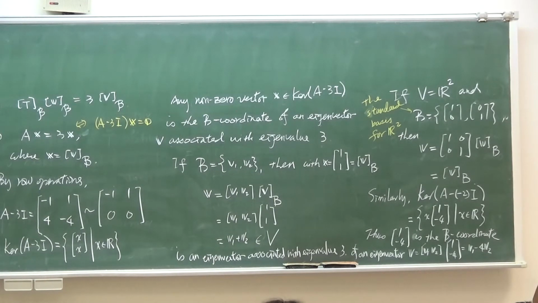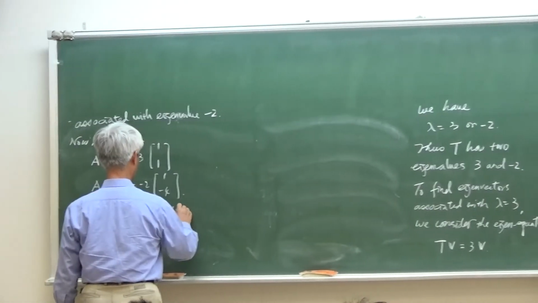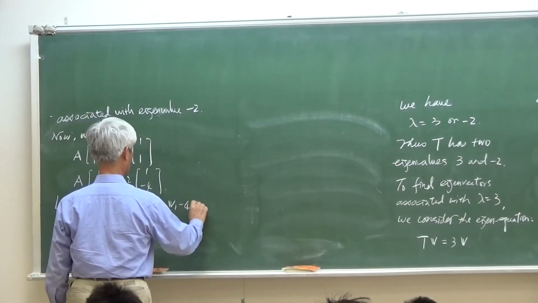So now we have A, and let U equal to v1 and W equal to the other synthesized vector.